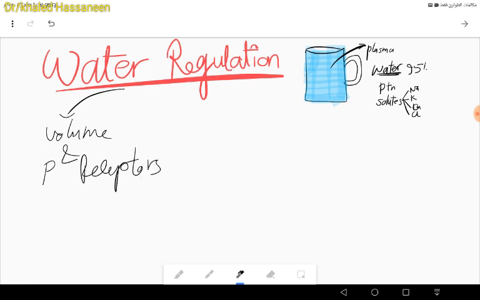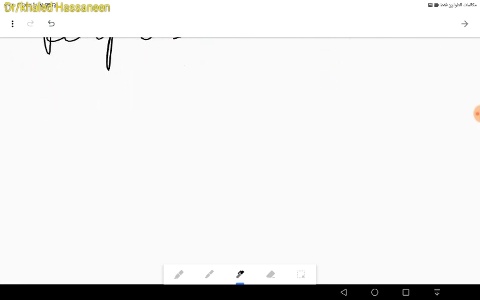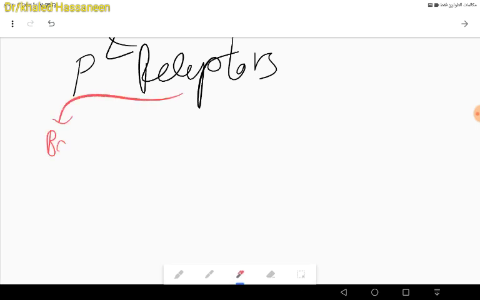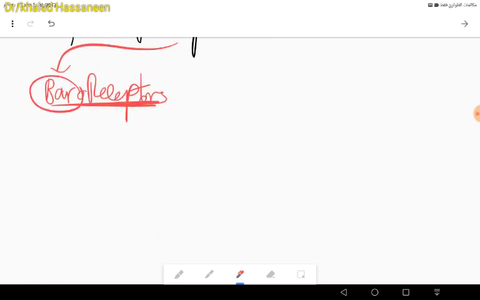And these are found in three areas. According to that area, we have baroreceptors, which are sensitive to pressure, and pressure and volume have the same meaning for us. They are found mainly in the vessels, like the arch of aorta and carotid vessels.